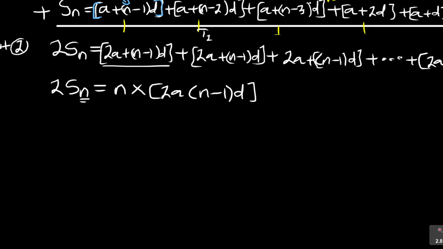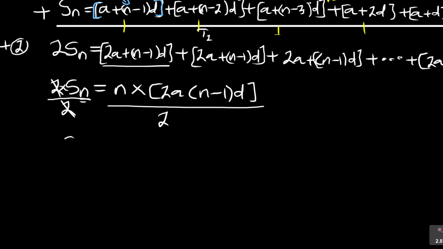So now, when I have done this, it's almost done. I need to make Sn the subject of the formula. Remember, I multiplied by 2, so the opposite of multiplication, you divide by 2. I come here, I divide by 2.